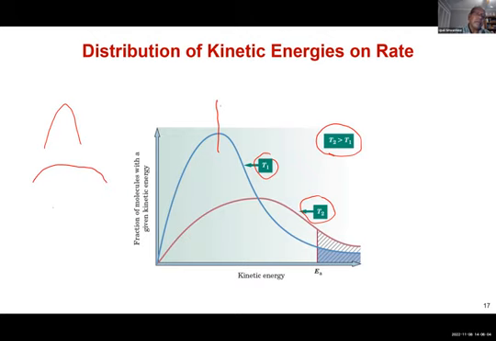So the higher temperature has more distribution extending to the higher kinetic energy range. Therefore, the fraction, this is only for T1. This combined area is T2.